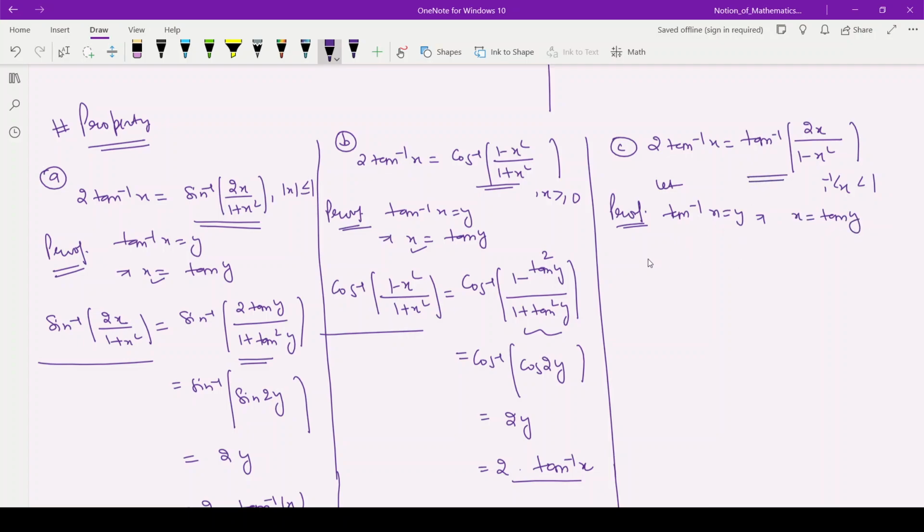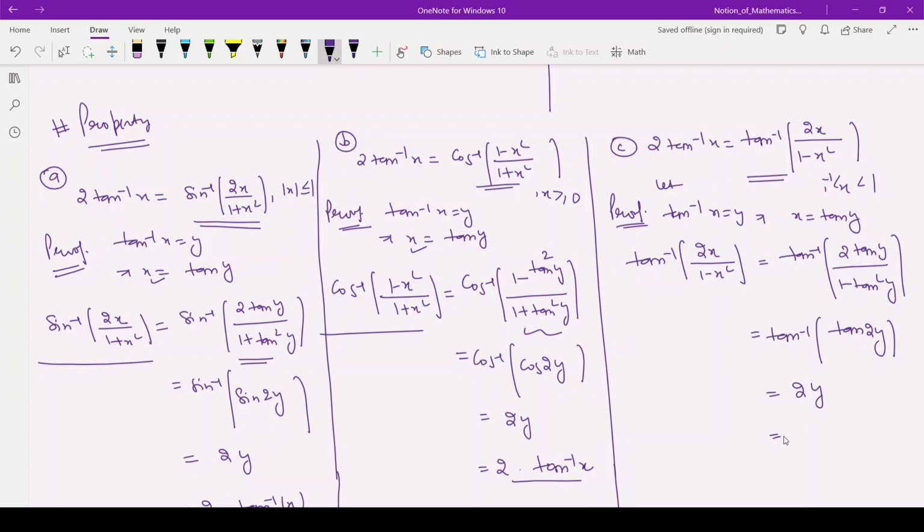I am taking the RHS here, that is tan inverse of 2x upon (1 minus x square), that is tan inverse of 2 tan y upon (1 minus tan square y), that is tan inverse of tan 2y, that is twice y, or 2 into tan inverse x. Ultimately this value is equal to this value.